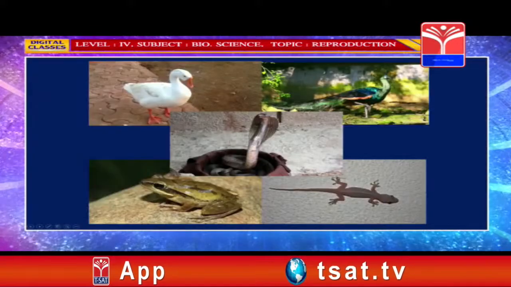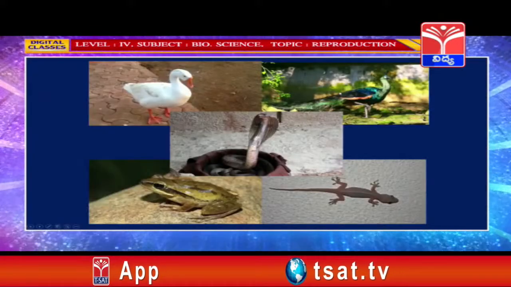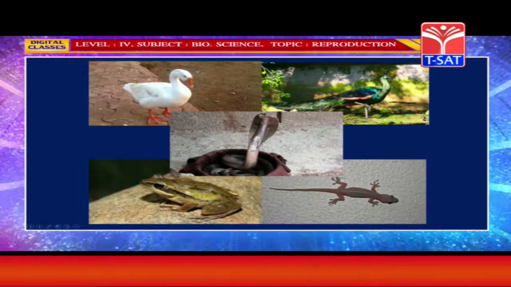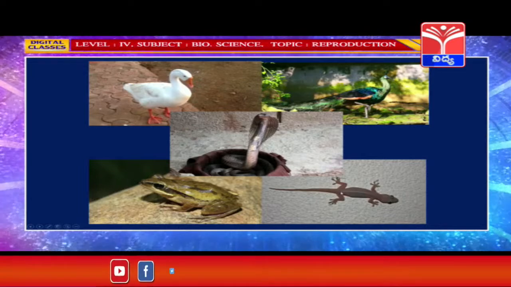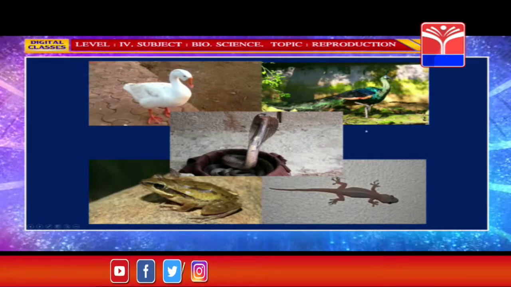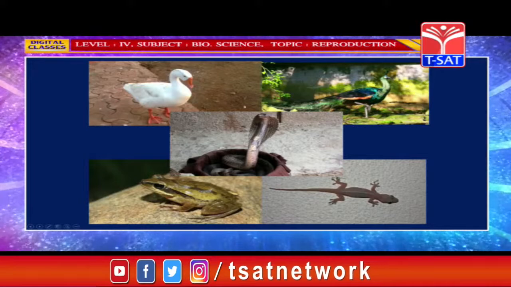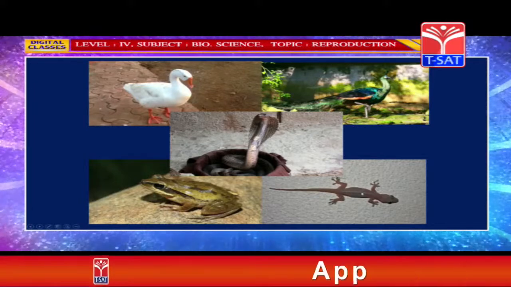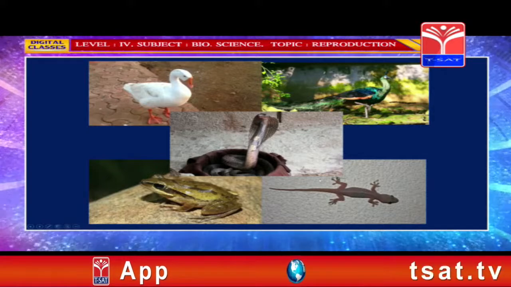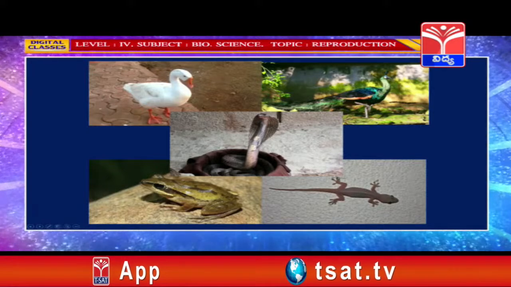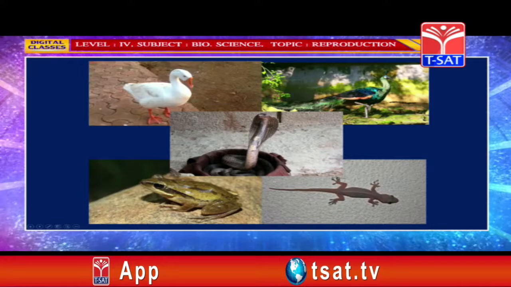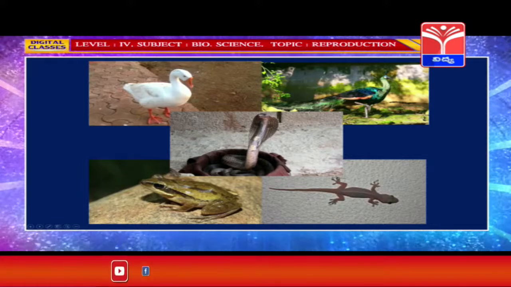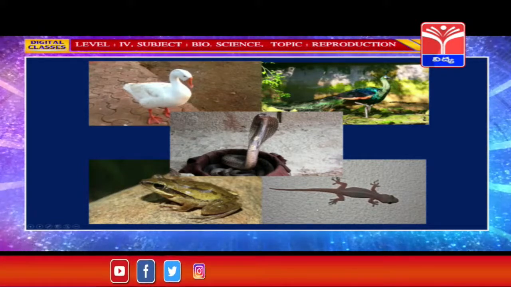Example: hen, duck, peacock, snake, frog and lizard. If you look at these pictures, here you cannot see any hair on their skin. Do you find any hair on their skin? No. So, these animals do not have external ears also. So, such type of animals are called oviparous animals.